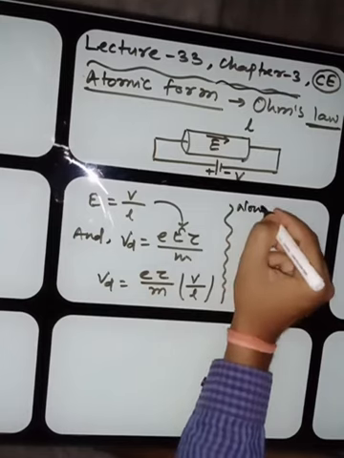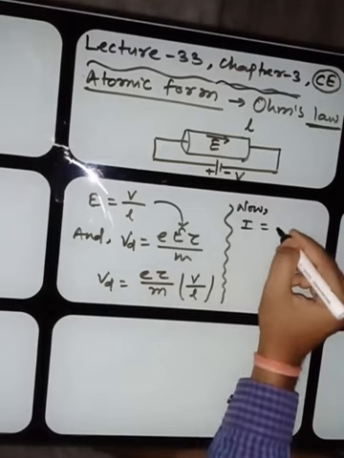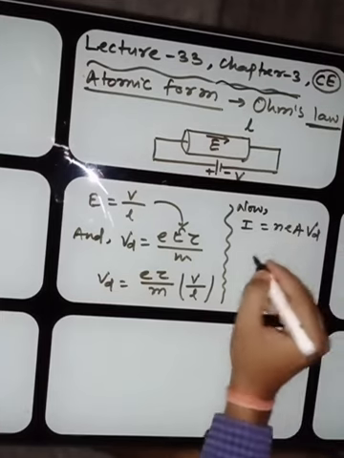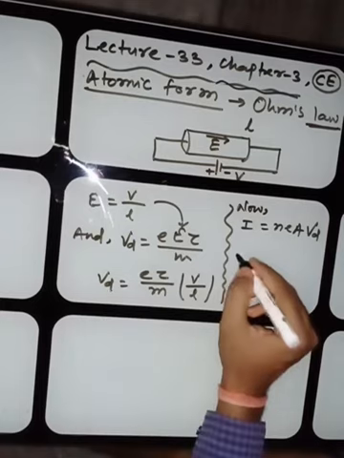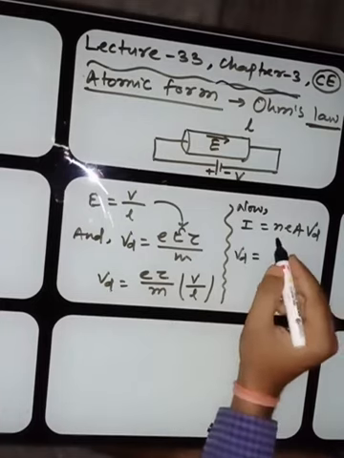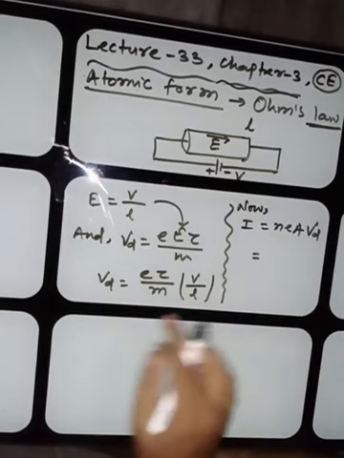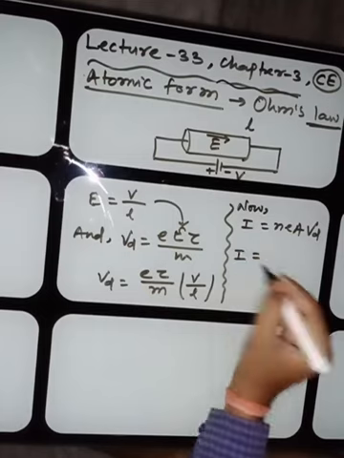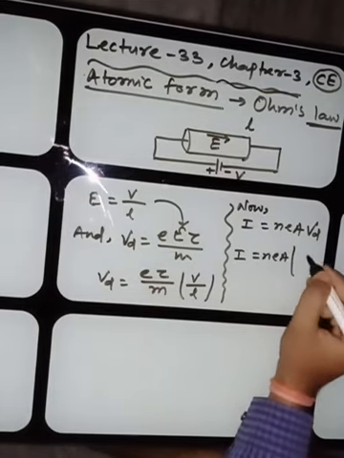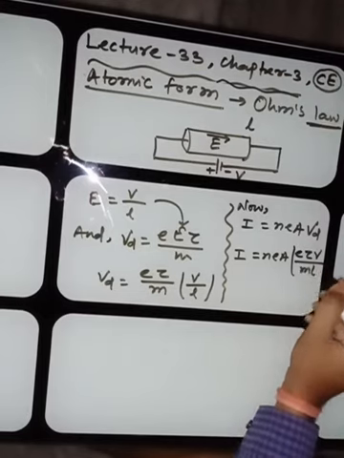We know that I equals n e A vd. Putting this value of vd in this equation, I is n e A into e tau V by mL.